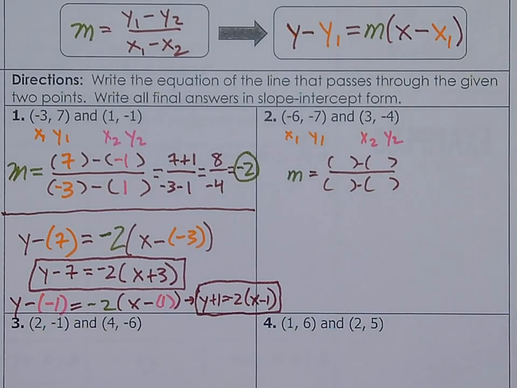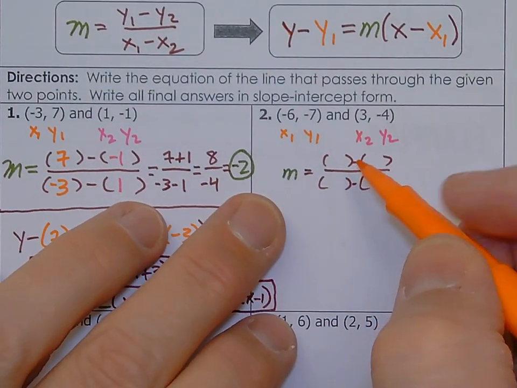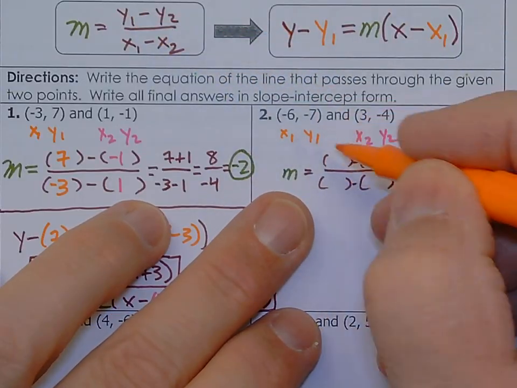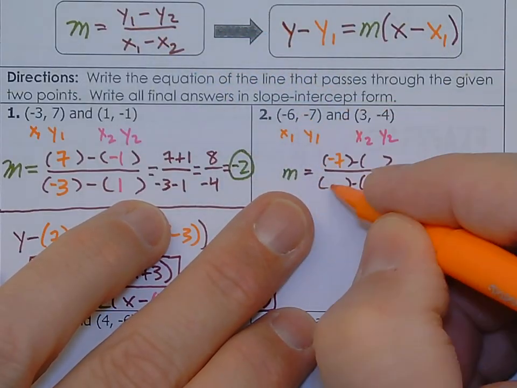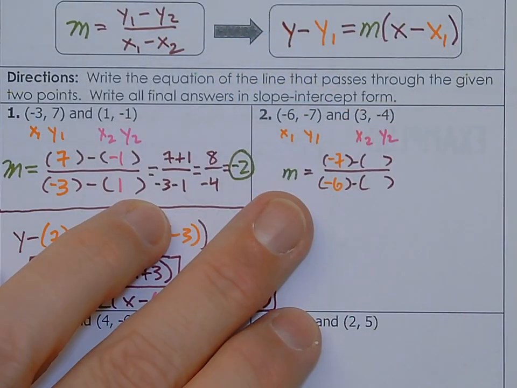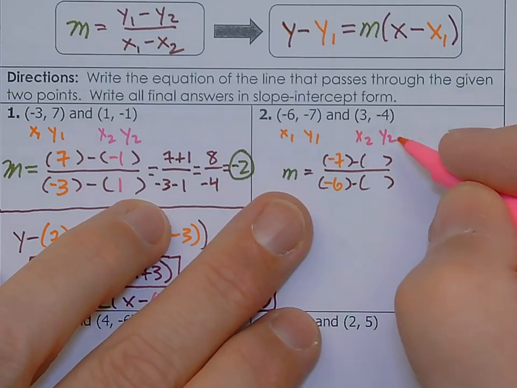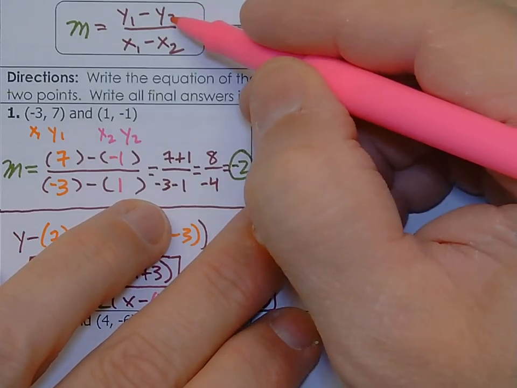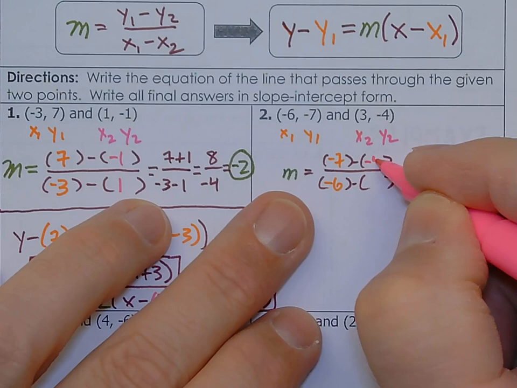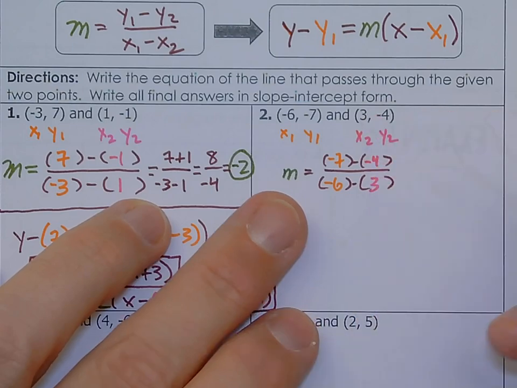Okay, so y1 is going to be the one piece that goes in the upper left here. That's the negative 7. The x1 goes below it. And then y2 is negative 4. The y2 goes up here, so that's negative 4 there. And then 3 goes there.